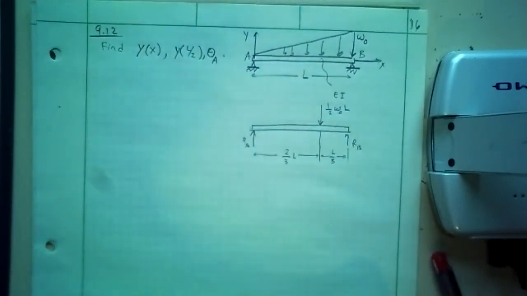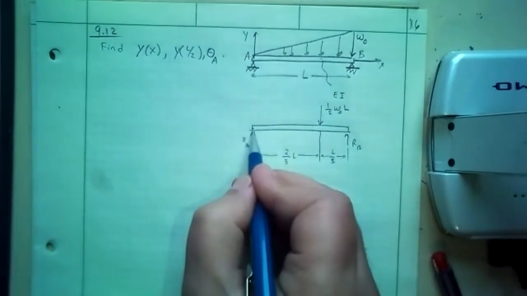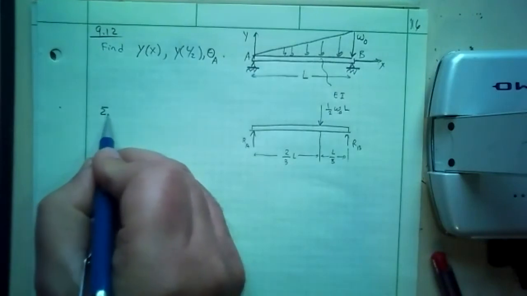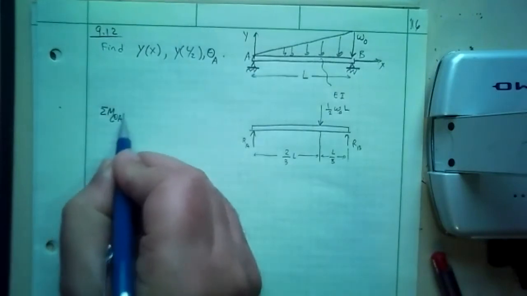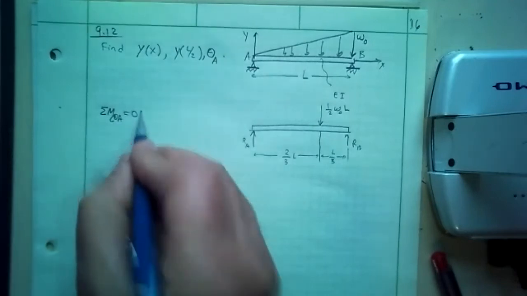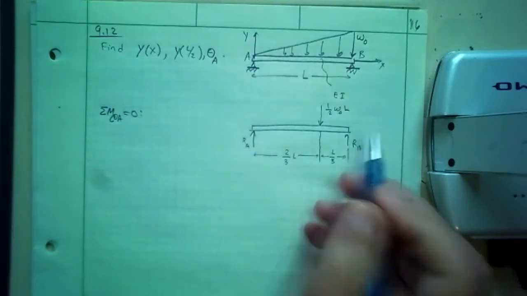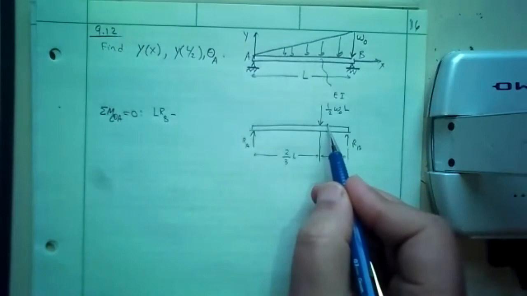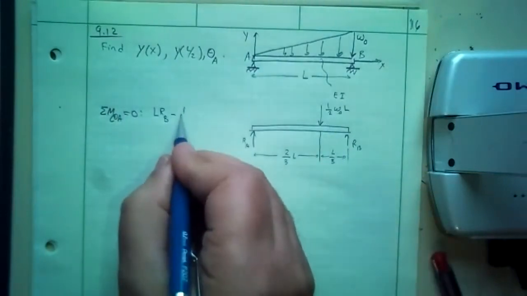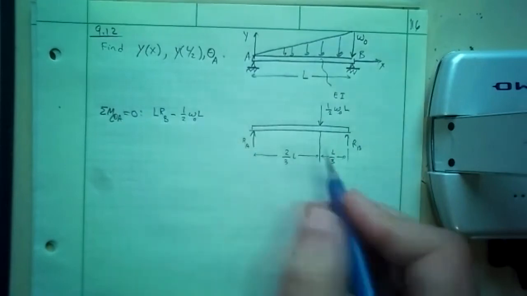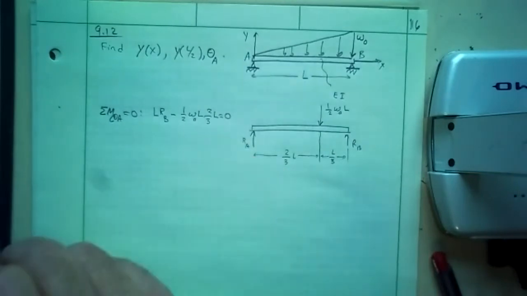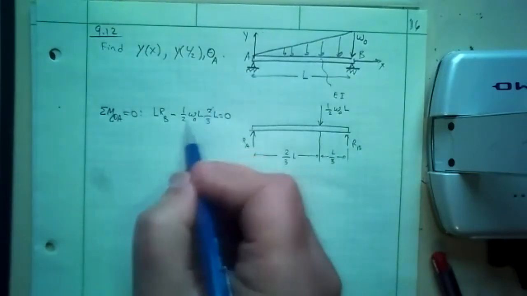Okay, so that is the equivalent load. Let's see, find RA and RB. I'm going to take a moment at A, and that must be 0. And then I'll have RB times L minus 1/2 W naught L times the distance of 2/3 of L. So 2 and 2 cancel.